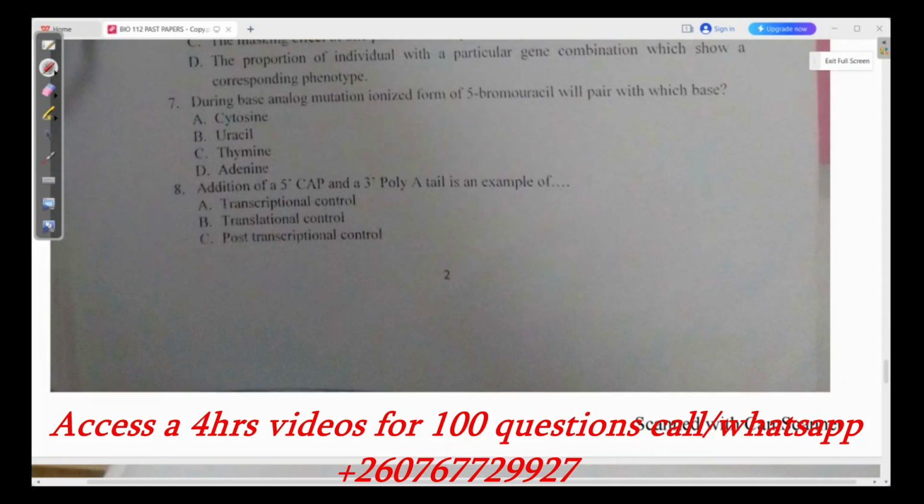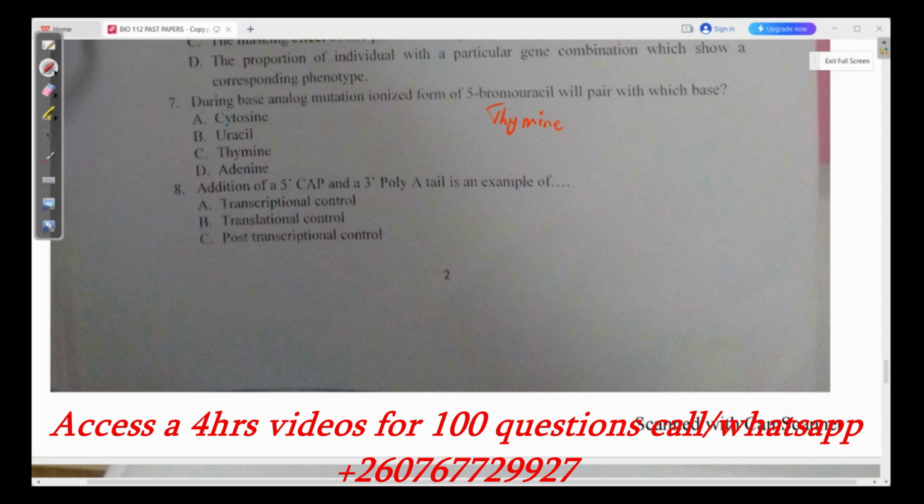Question 7. During base analog mutation, the ionized form of 5-bromouracil will pair with which base? So 5-bromouracil is a uracil, but it mimics thymine. When this mutation occurs, it has the characteristics of thymine.